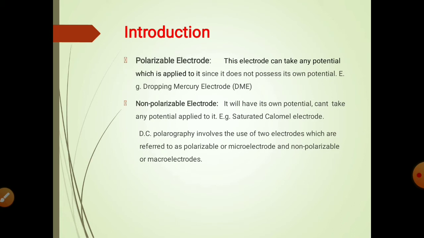DC polarography, that is direct current polarography, involves the use of two electrodes which are referred to as a polarizable or micro electrode and a non-polarizable or macro electrode. So this is all about the introductory part of this chapter, that is polarography.